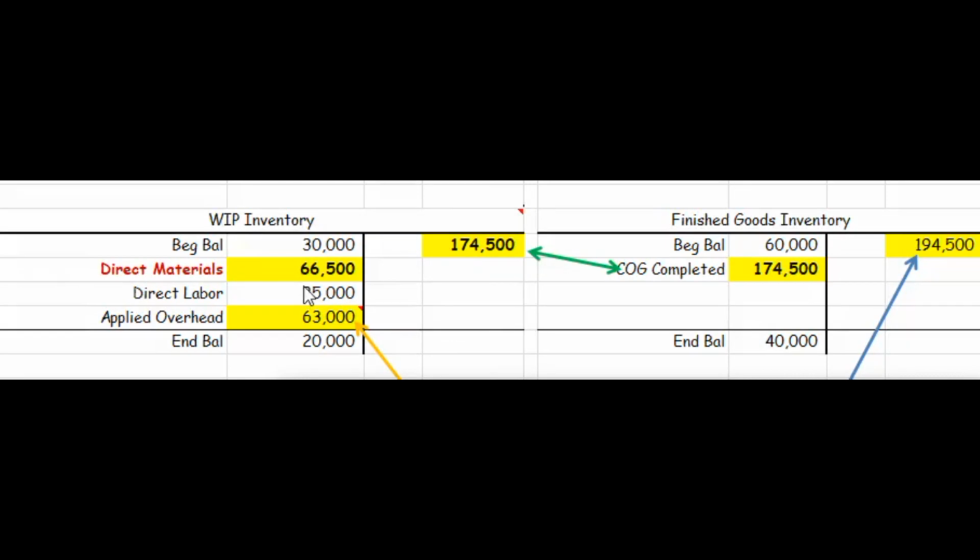Just to show you that work in process inventory, the $174,500 goes to finished goods, so that is your goods manufactured during the current period. Therefore, I said it ties back to your T account, and it does. And you can see where it goes from work in progress to finished goods.